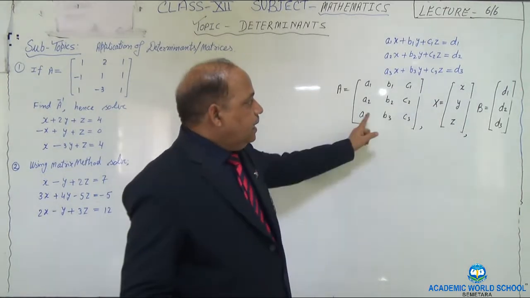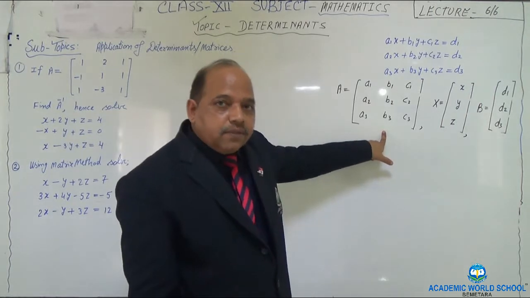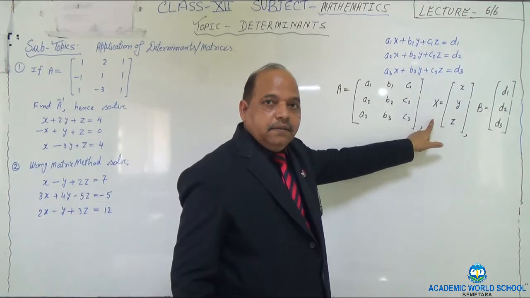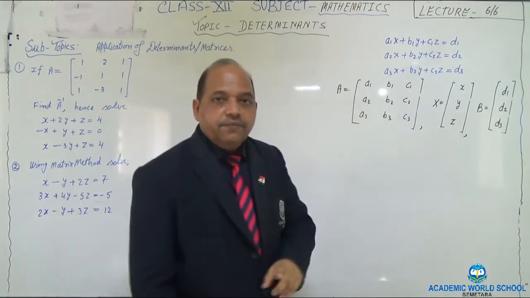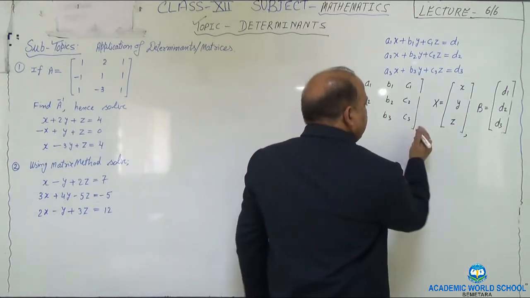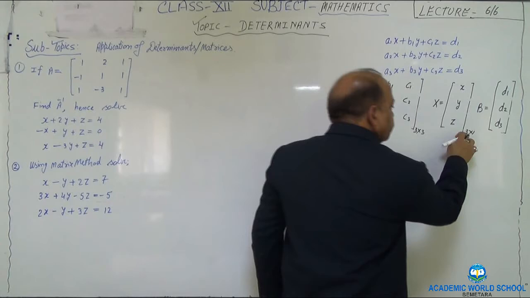Have patience. Let's see that here. If I ask you to multiply A by X, what will happen? So first of all, you need to see whether we can multiply or not. Look at this, its order is 3 cross 3, its order is 3 cross 1.